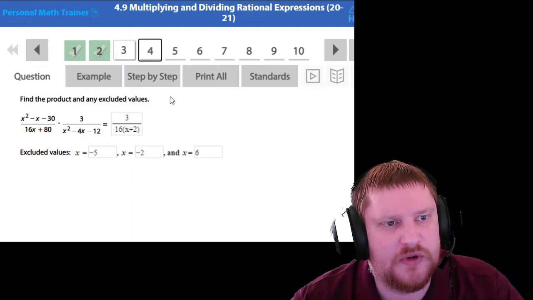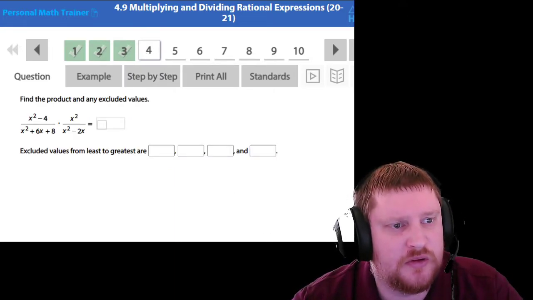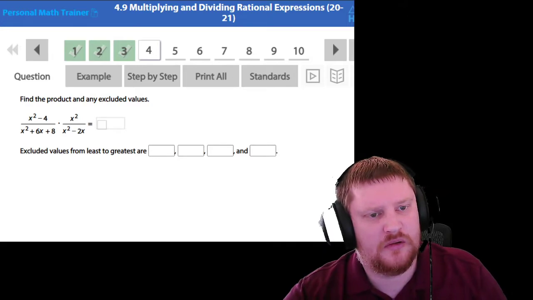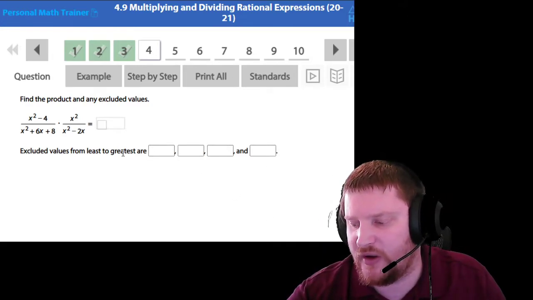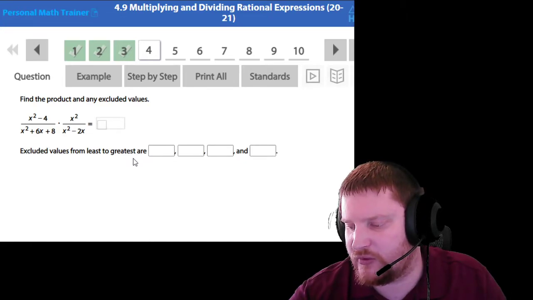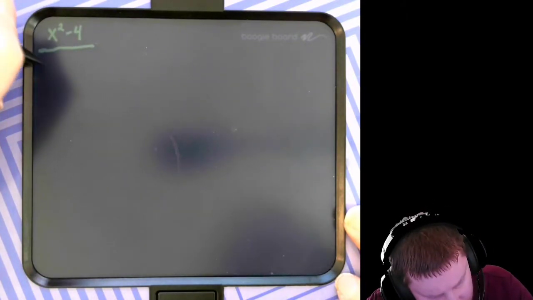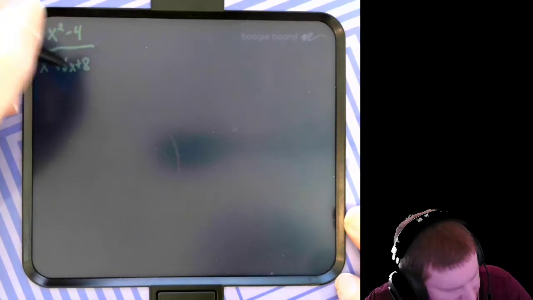Alright, next. Alright, this tells us we're going to have 4 excluded values, so let's go ahead and work through this real quick. This might take up some extra room, so I'm going to write a little bit smaller this time. We've got x squared minus 4 over x squared plus 6x plus 8.